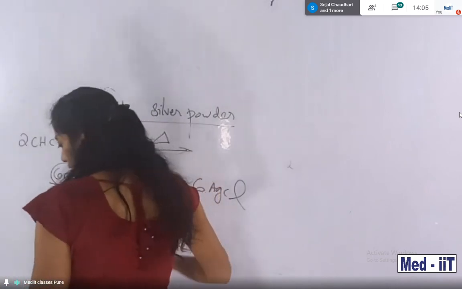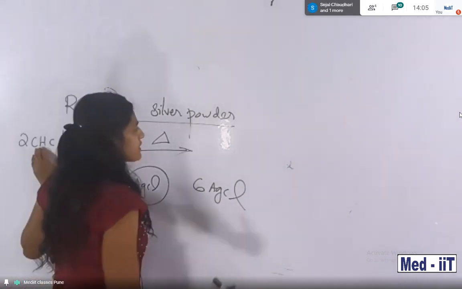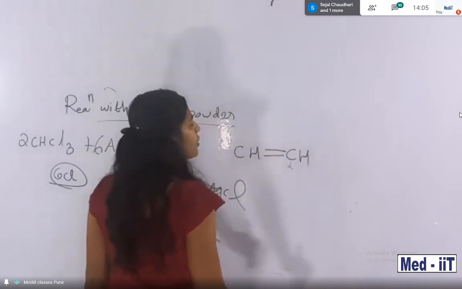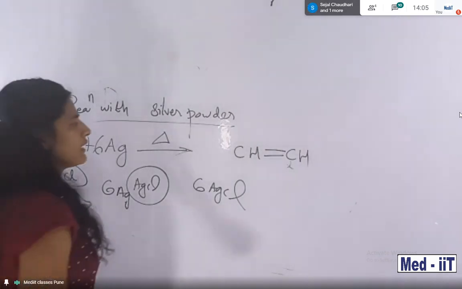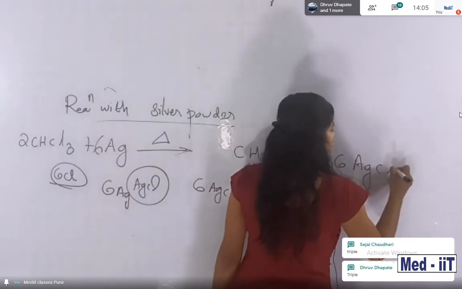So what about the remaining part? After that removal, we will get CH units. So 2 CH is with you, no? The 2 CH are bonded with a double or single bond for attaining stability. Triple bond, right? So a triple bond plus 6 AgCl.